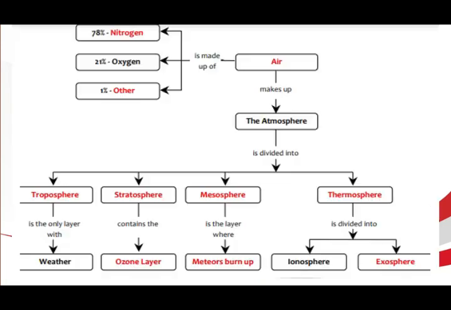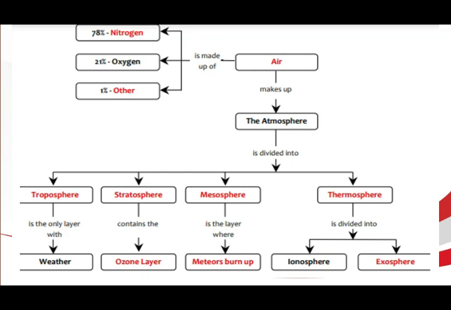Okay? And let us look at this simple diagram just to review again the composition of the air and the atmosphere. As we all know, the air is made up of the following gases. The most abundant gas is nitrogen, which is 78% of the air, and we also have 21% oxygen that we are breathing and that allows us to survive.